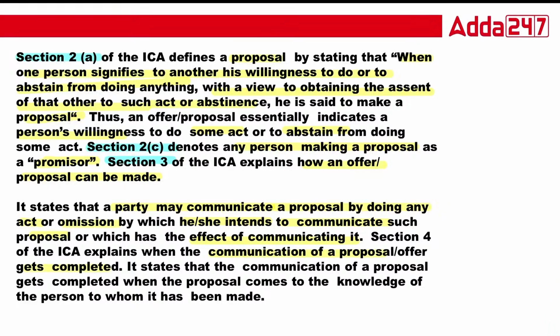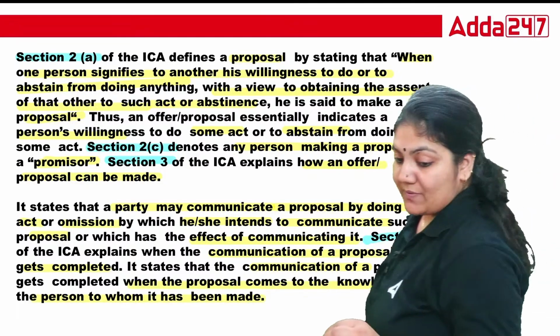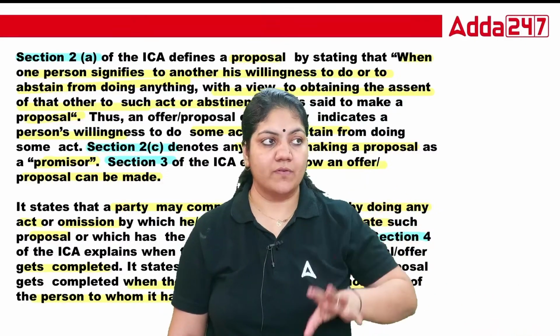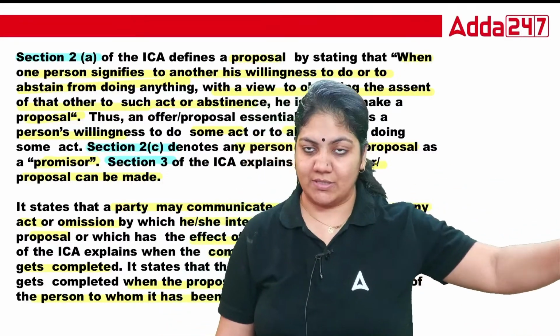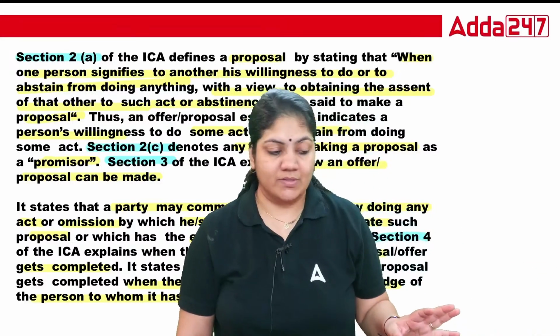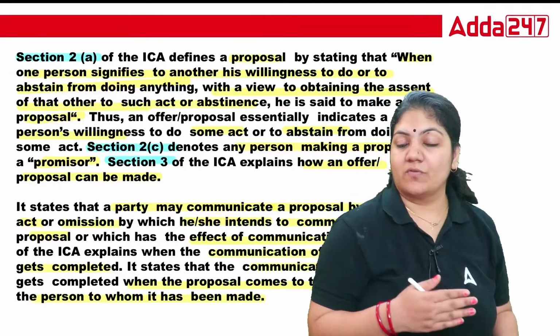Communication of a proposal is completed when the proposal comes to the knowledge of the person to whom it is made. Suppose Nikkita Ma'am wants to sell the car, and I put my offer. When the offer comes into the knowledge of the opposite person, then my offer is complete. So this is when the communication of an offer is complete.